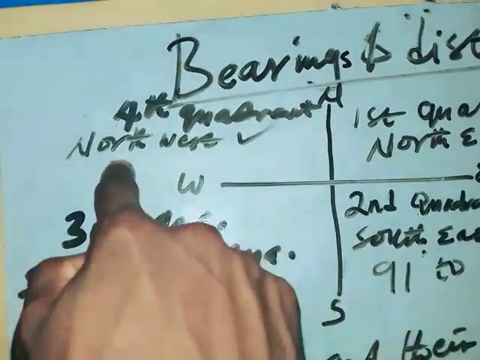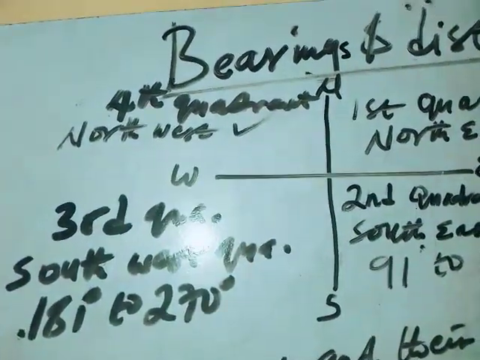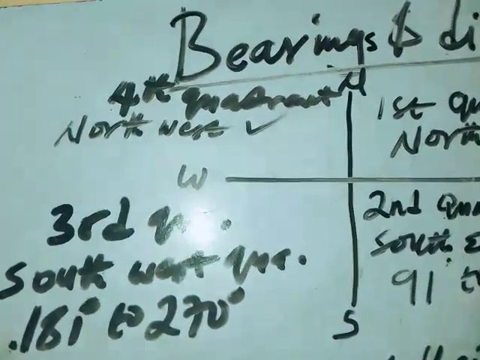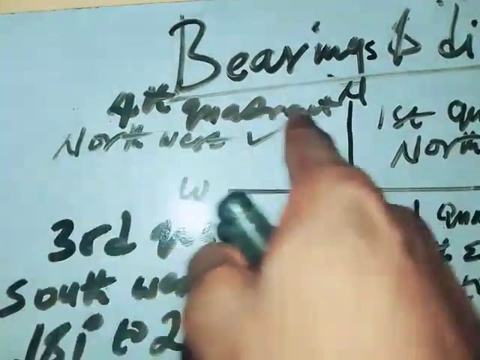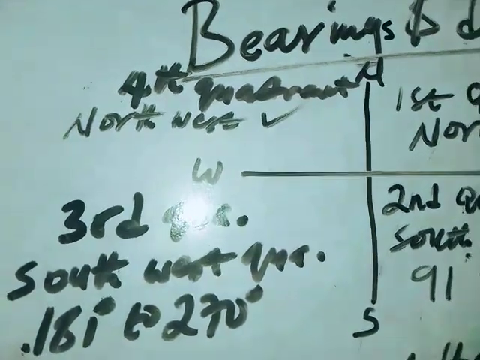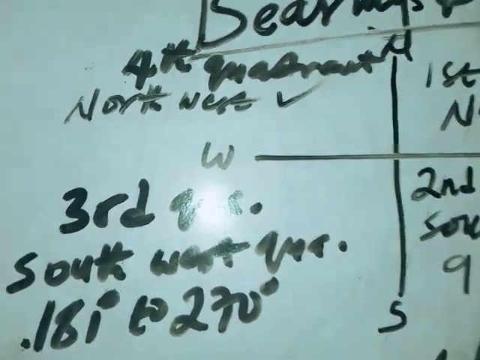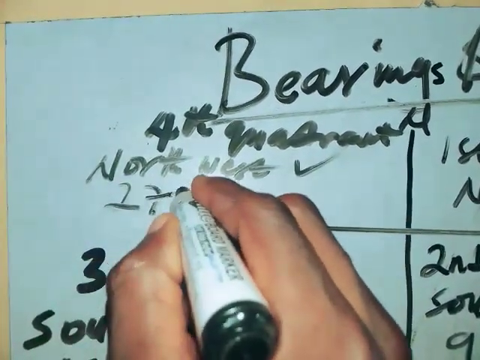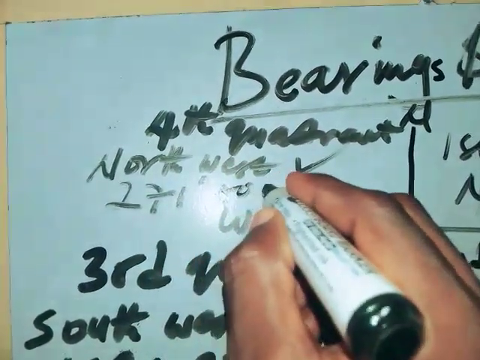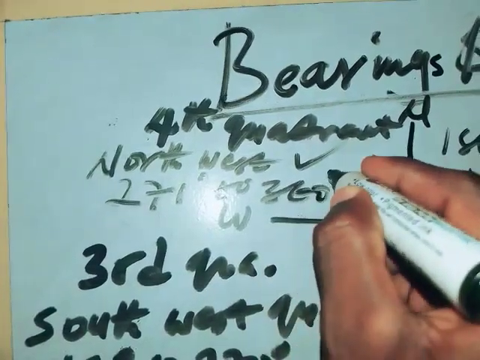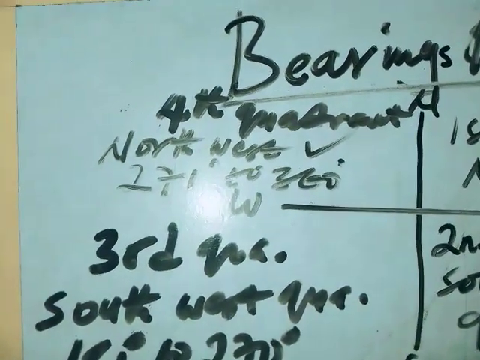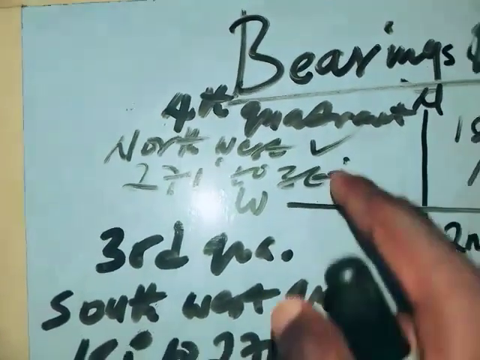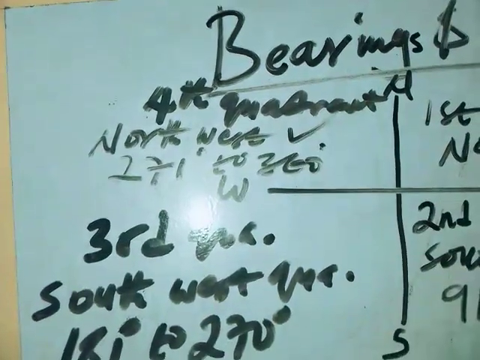What I want you to know is that the fourth quadrant is above 270. So anything from 271 degrees to 360 degrees is the fourth quadrant.